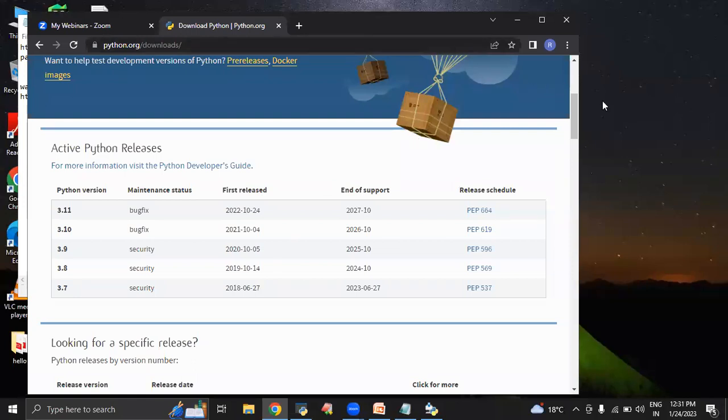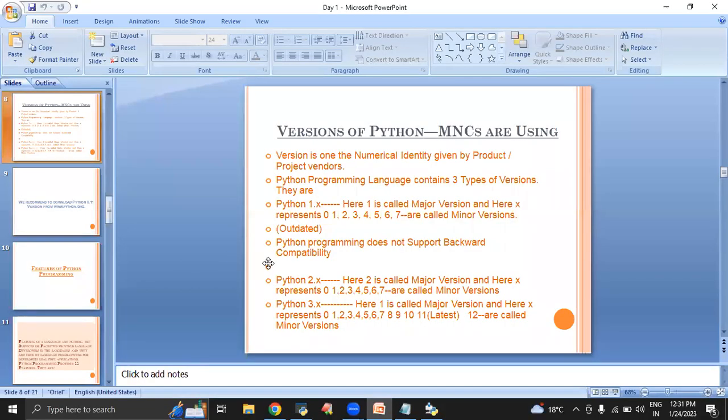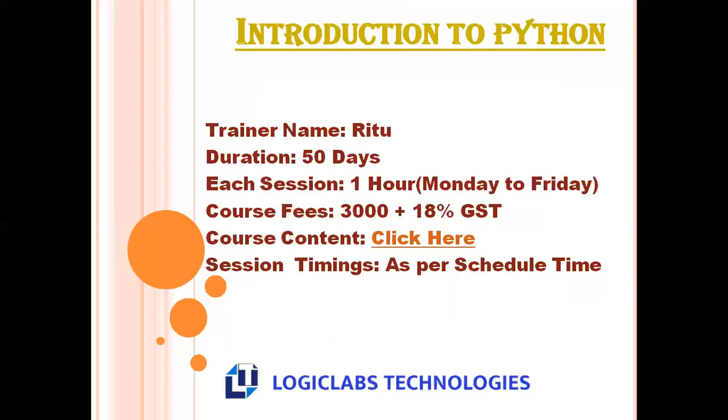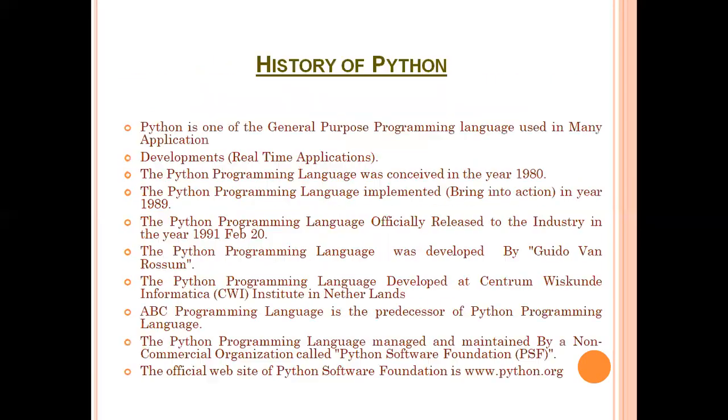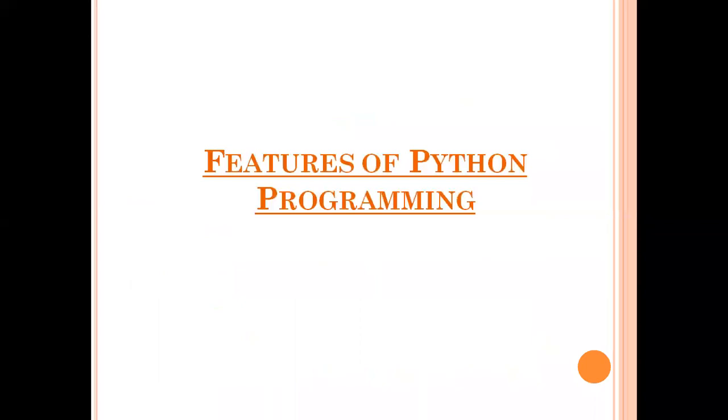Clear? Okay. Now let's get back to our session. As I've told you, you have to download Python 3.11 from www.python.org. Now, what all features do we have in Python?